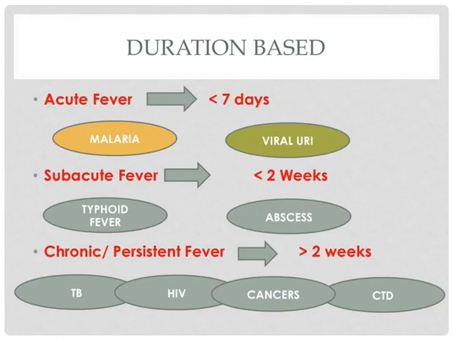Subacute fever, less than 2 weeks, usually intra-abdominal abscesses or typhoid fever, which we don't usually see around here. And chronic or persistent fever, greater than 2 weeks, always keep in mind your TB, HIV, cancers, and connective tissue diseases. That's the CTD.